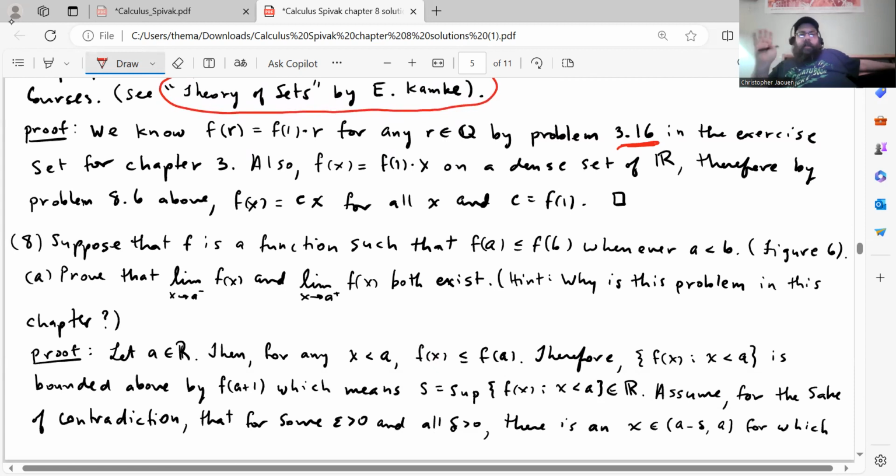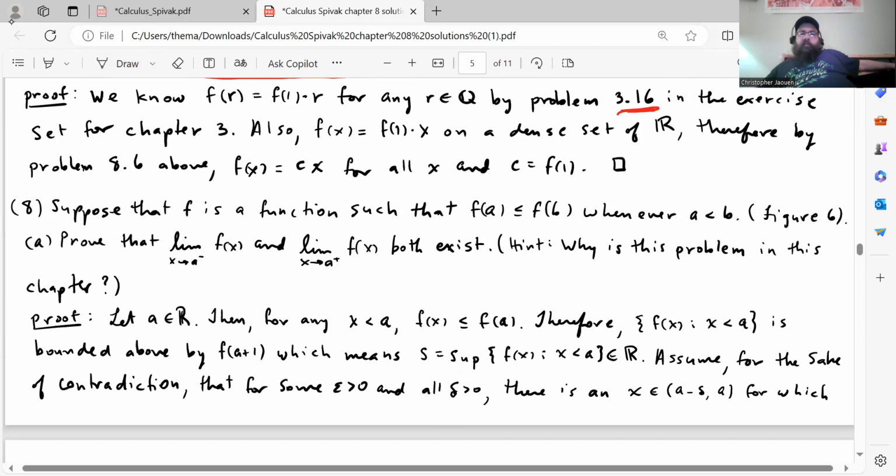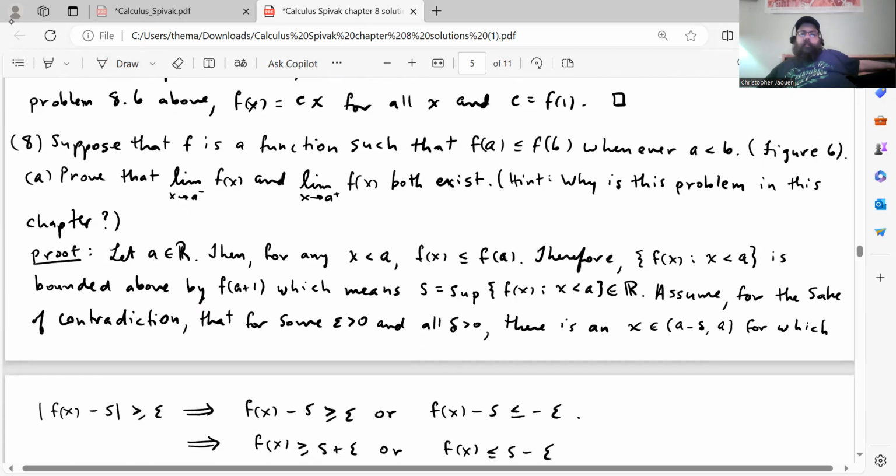But anyway, we're using the result of that exercise. Also, f of x equals f of 1 times x on a dense set of R. Therefore, by problem 8.6, which is the one that we did right before this, f of x equals cx for all x, and c equals f of 1. And that's the proof. It just follows from those two propositions that we proved in previous examples.